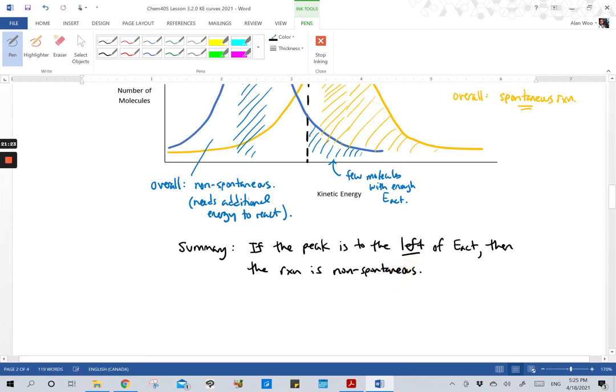Okay. If the peak is on the right of that energy threshold, or Eact, then the reaction is spontaneous.